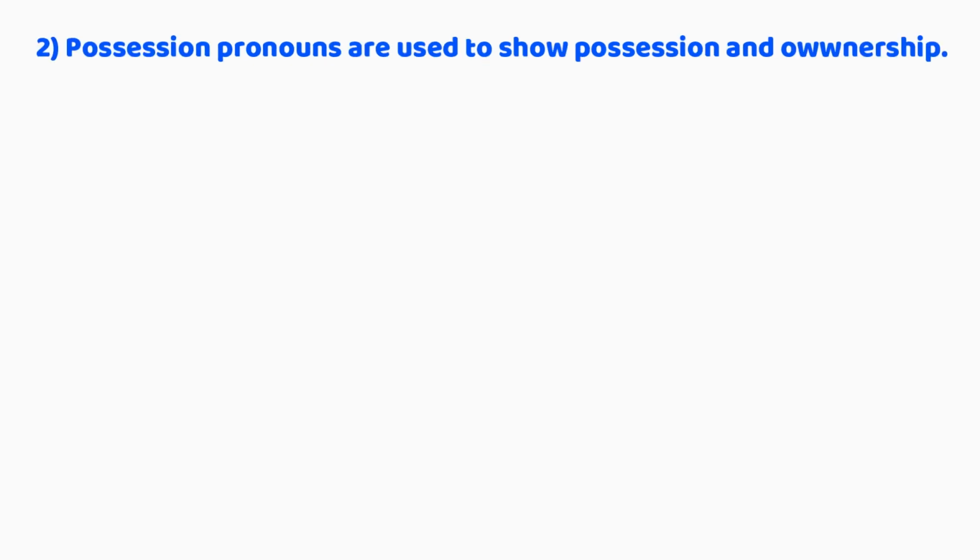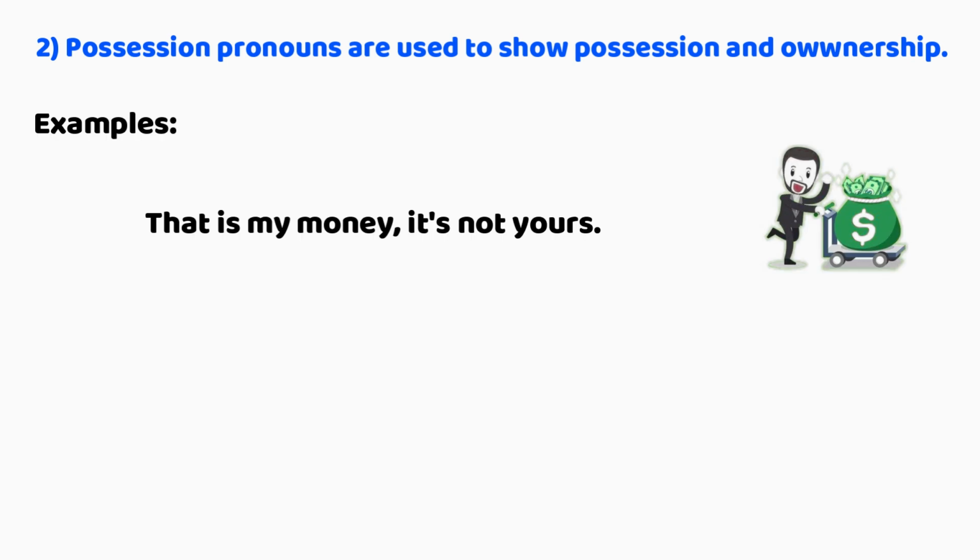The second type of pronoun is possessive pronouns, and possessive pronouns are used to show possession and ownership. For example, that is my money, it's not yours. So here, if you notice this example, we have a double sentence.